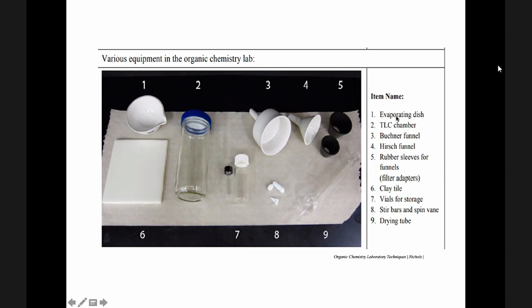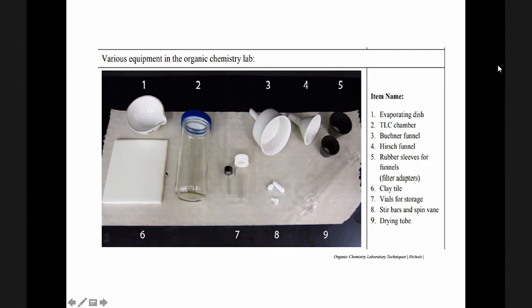So we have here number 1, the evaporating dish. Number 2, the thin layer chromatography chamber. TLC means thin layer chromatography. Number 3 is the Buchner funnel. This is used in filtration also. Number 4, Hirsch funnel. Number 5, we have the rubber sleeves for the funnel.